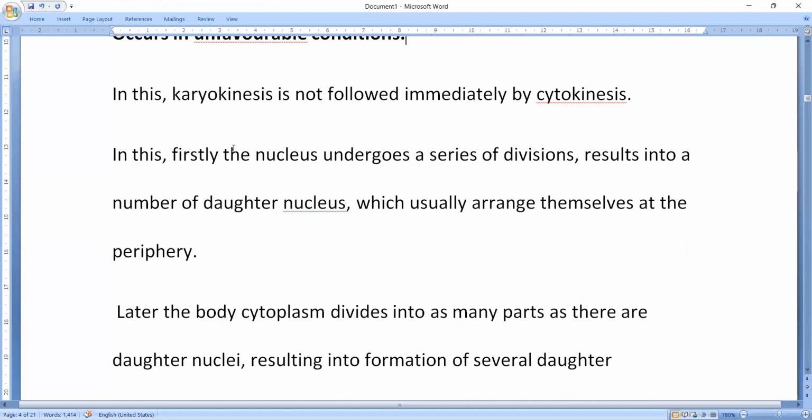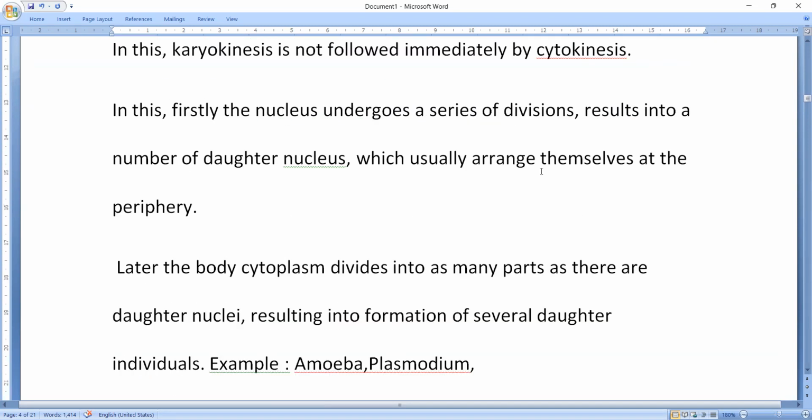In this, karyokinesis is not followed immediately by cytokinesis. After nuclear division, cytokinesis does not occur immediately. First, the nucleus undergoes a series of divisions, resulting in a number of daughter nuclei, which usually arrange themselves at the periphery.